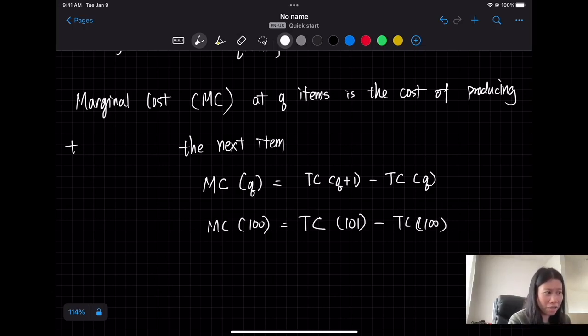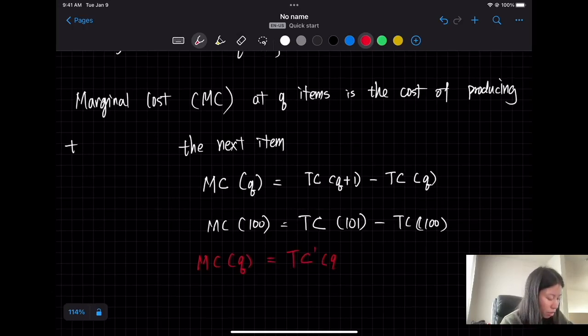So in many cases though, it's easier to approximate the difference using calculus. So instead, it's easier to consider the marginal cost as the derivative of the total cost. So why is that?